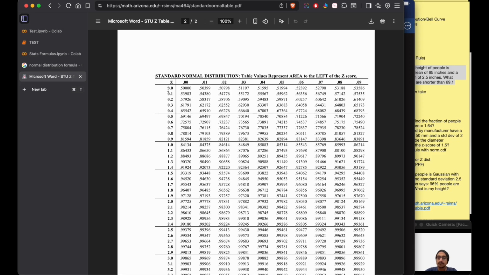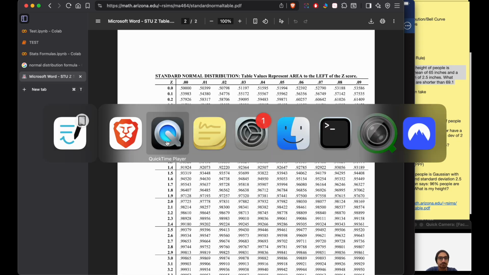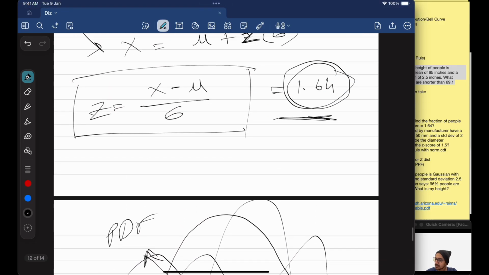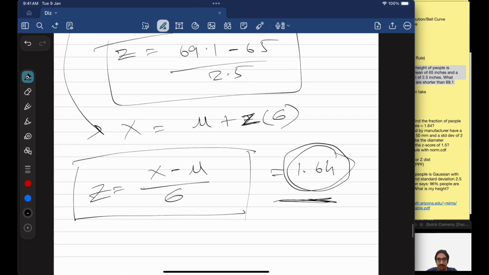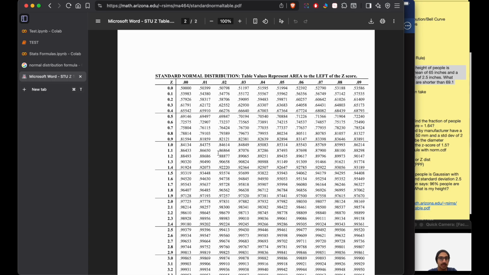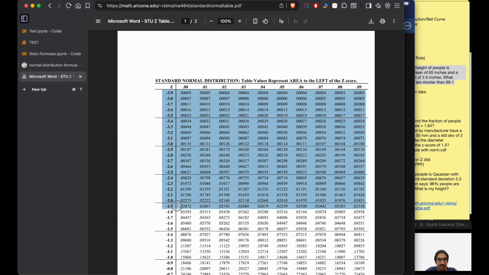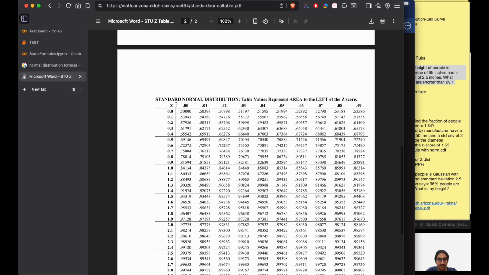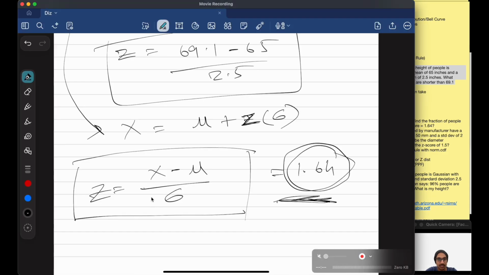Yeah, so the way to read this table is basically you take this z-score value, which is 1.64, and this is a positive value, right? So these are all negative z-scores. So you see here the z column. These are all negatives, and these are all the positive values. Now we got 1.64.